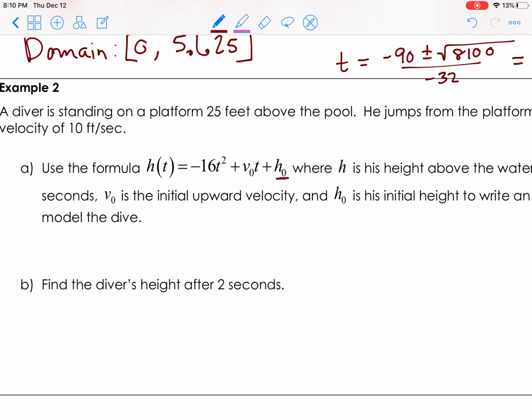This h sub 0 is referring to the initial height. So when the story begins, how high was the person from the ground? And they told us that it's 25 feet. So I'm going to replace this h with 25. Then this v sub 0, the initial velocity, when time was 0, or just after time was 0, what was the velocity?